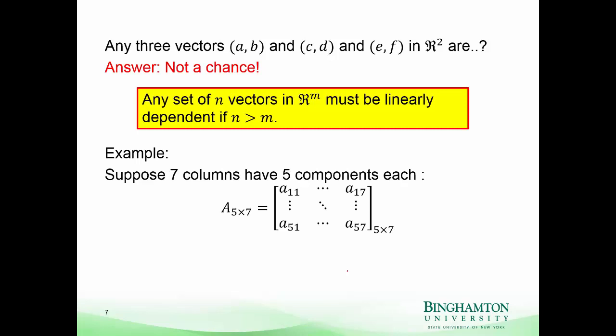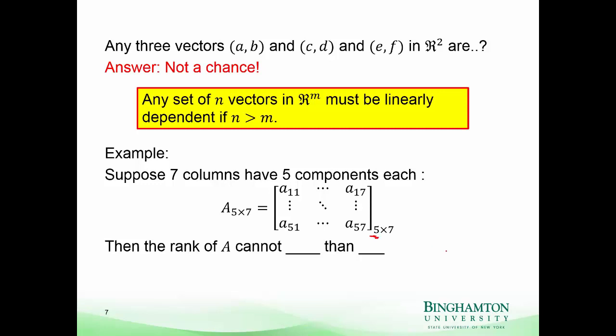So here's a 5 by 7. We've got 7 columns. Each one has 5 components each. So the columns are living in the space of R5. So we can say that the rank of A cannot be greater than 5.